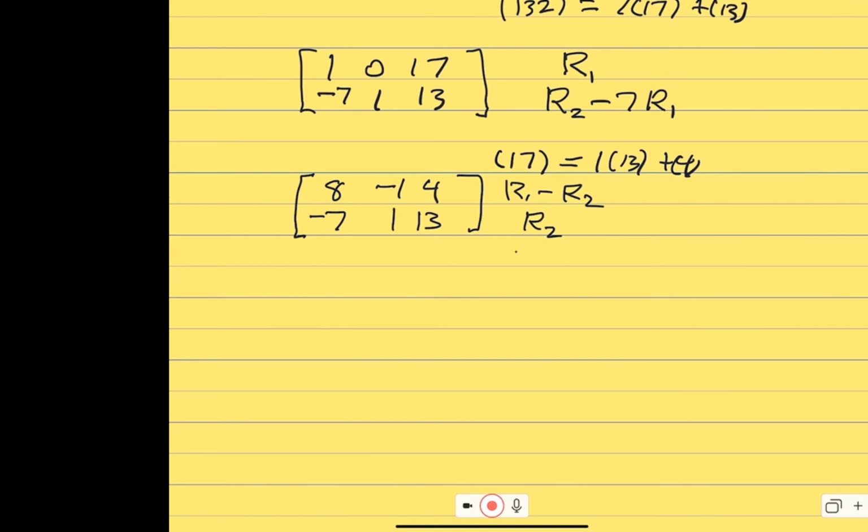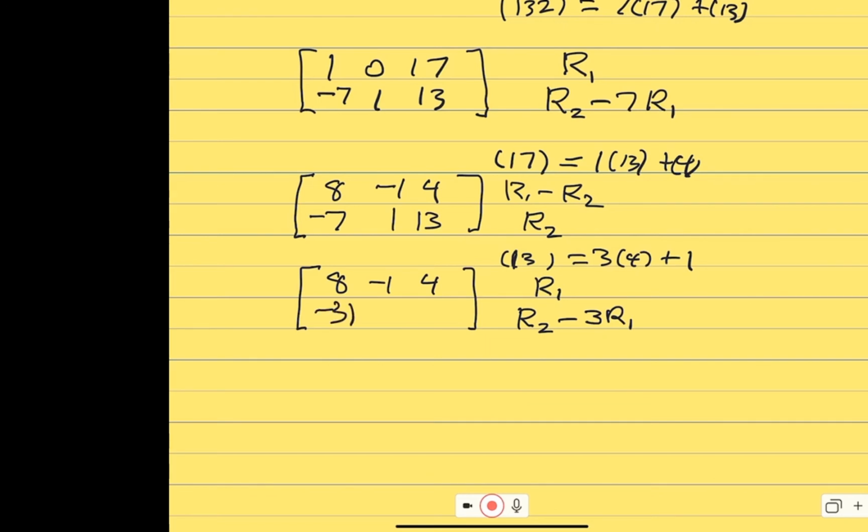Now we have to do another division, dividing 4 into 13. So 13 is 3 times 4 plus 1. So that row stays the same, and this is going to be the old row 2 minus 3 times row 1, 8, minus 1, 4, and this is going to be minus 31, 4, and 1.